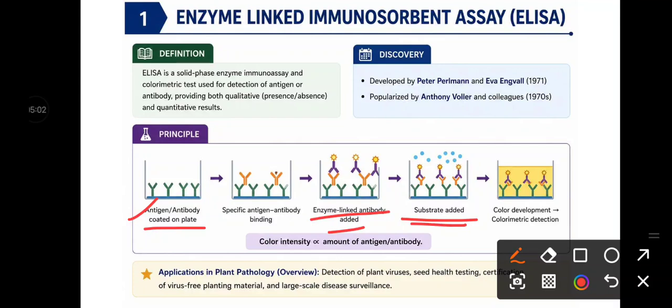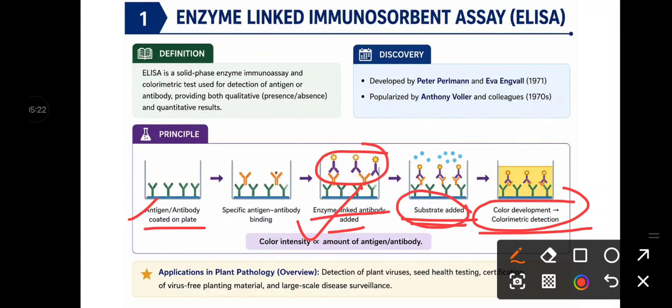If there is a reaction between antigen and antibody, the enzyme will be there. So when we add the substrate, the enzyme and the substrate will combine and give the color change, and that color development will be detected spectrophotometrically, that is the colorimetric detection.